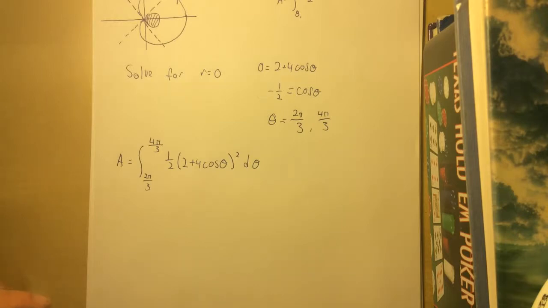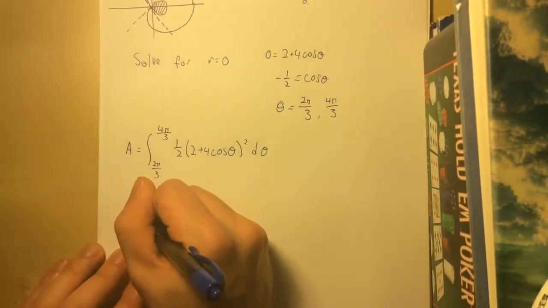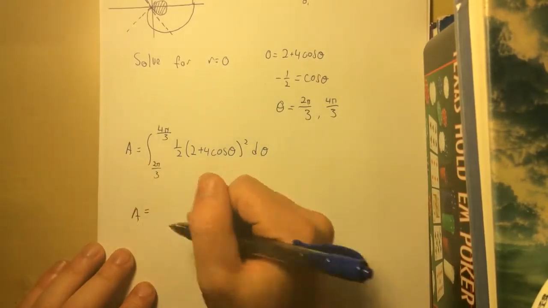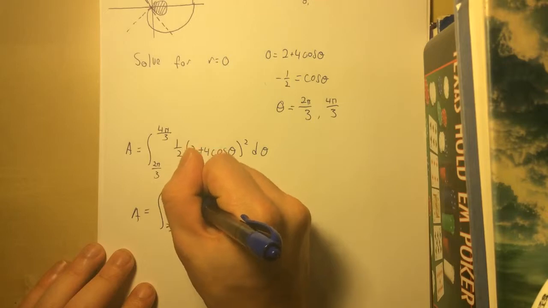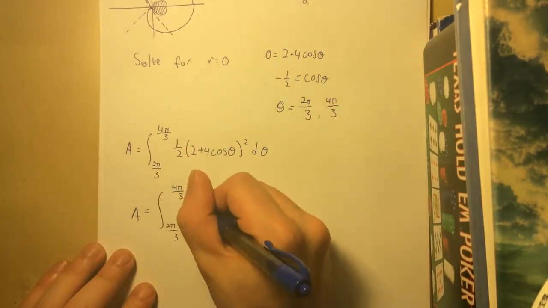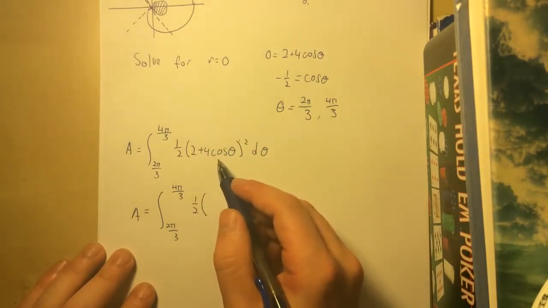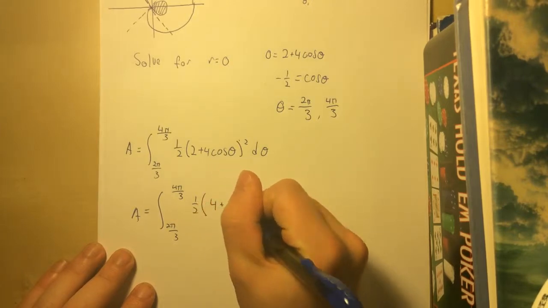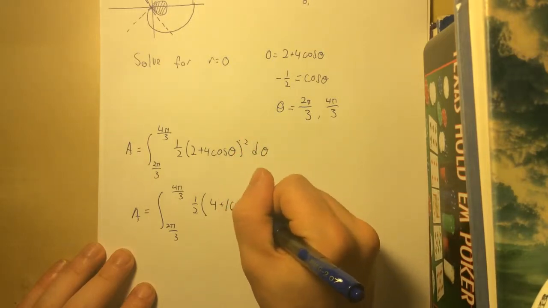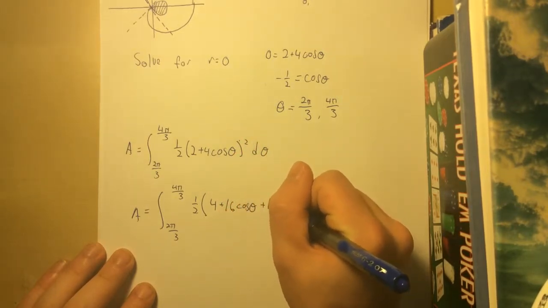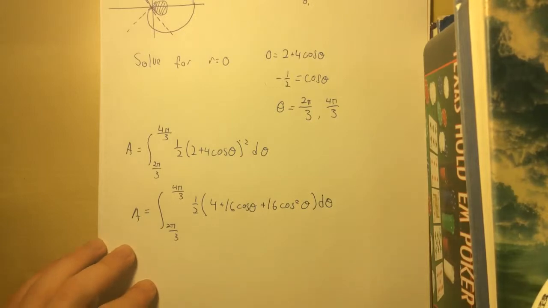And from here, math gets a bit tricky again. We're going to need to remember some trig identities. You have 1/2, and if we do this, it turns out to be our first term squared plus 2 times the product of the two terms plus the second term squared, d theta.